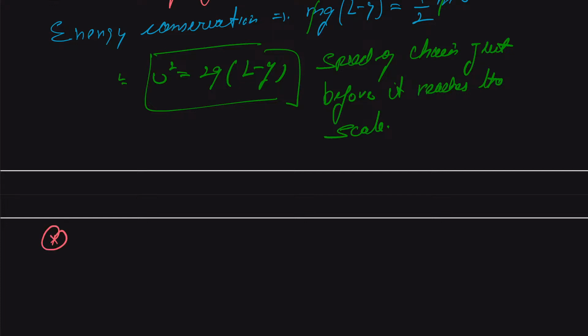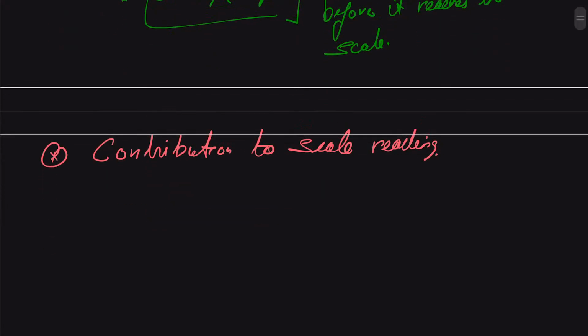So we can say that contribution to scale reading, and we are going to have two contributions. First will be weight of the chain already on the scale.